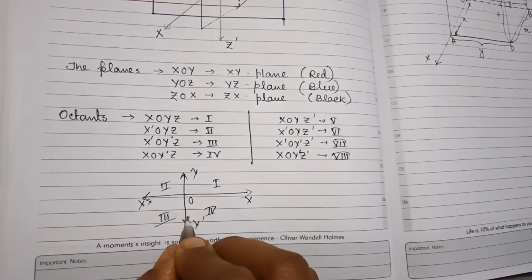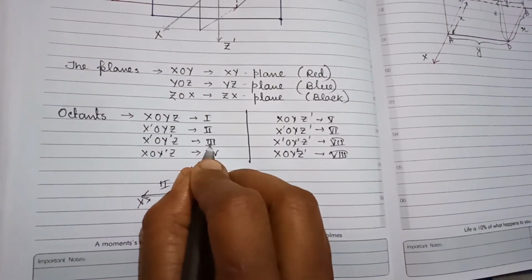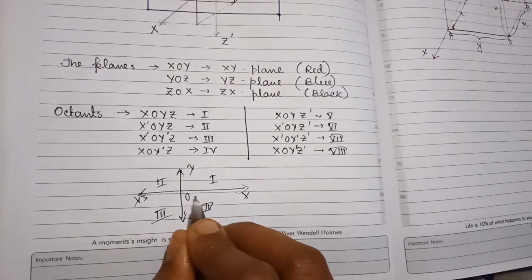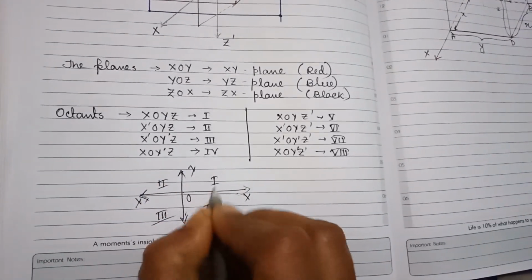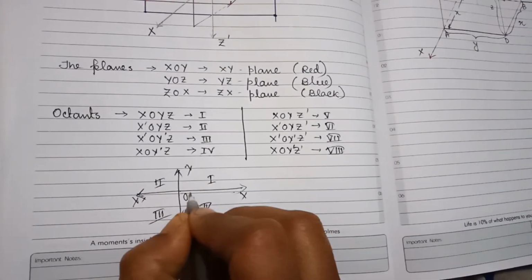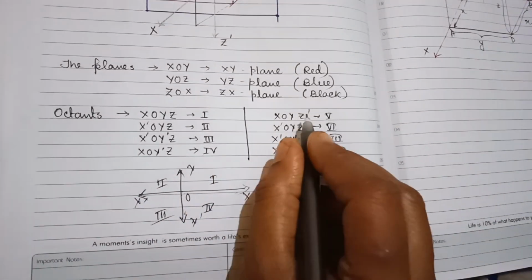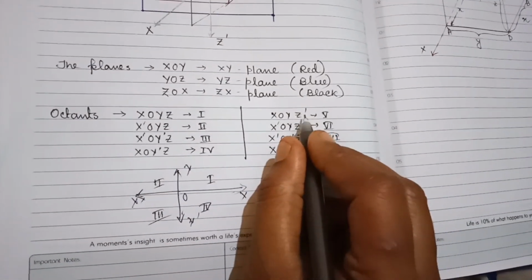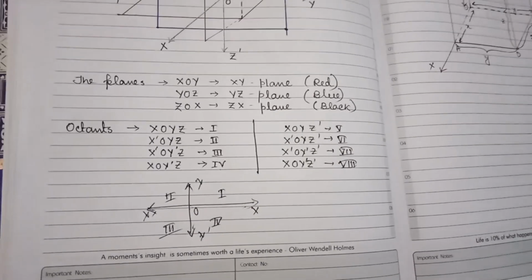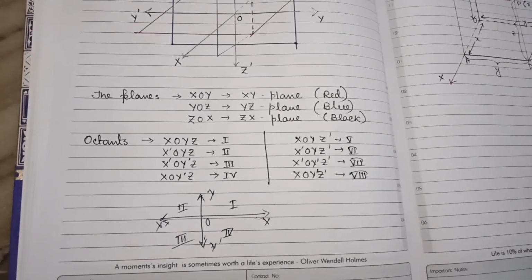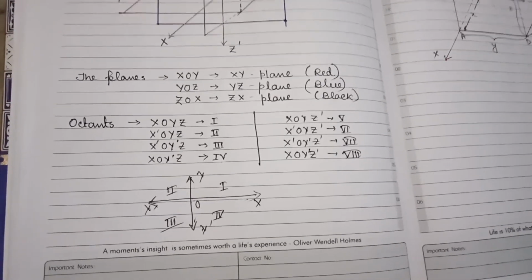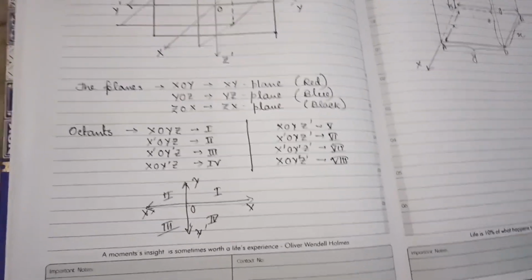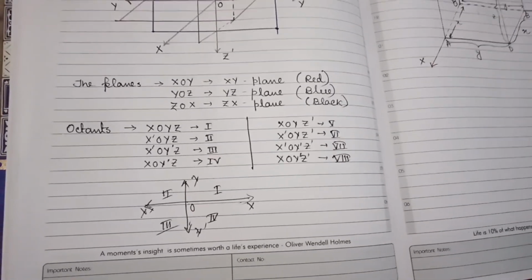X dash OY dash Z, third octant. XOY dash Z, fourth octant. Similarly, the same quadrants with Z plus or Z dash will give you all 8 octants. Don't you think this is very simple? Yes, it's very simple, just relate it to the two-dimensional figure.